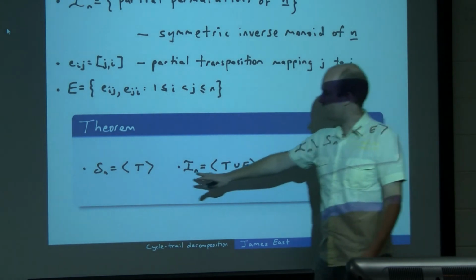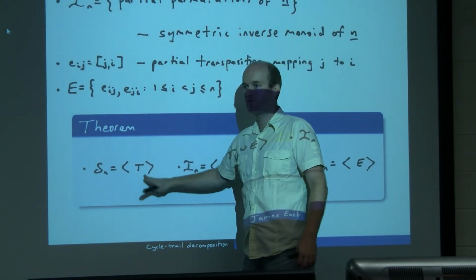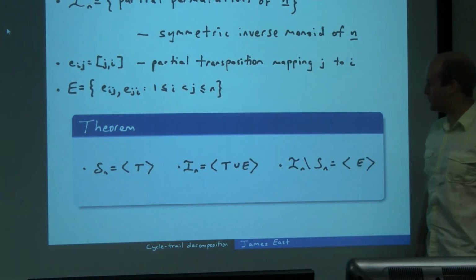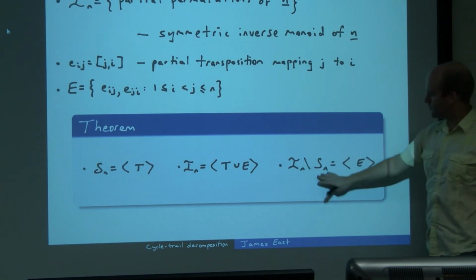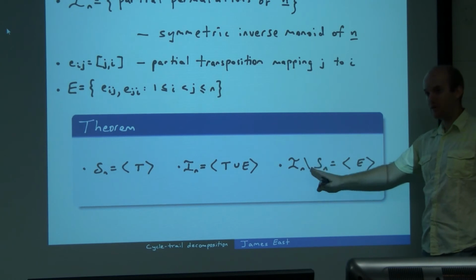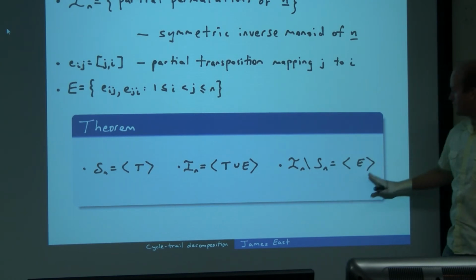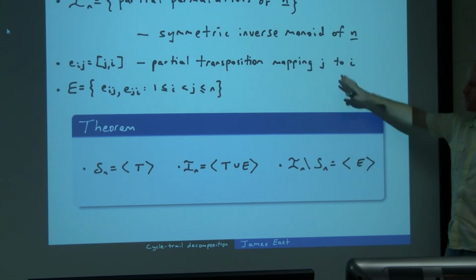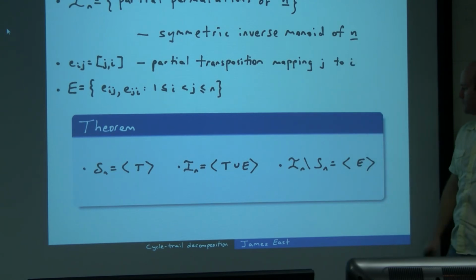So the first point says that the symmetric group is generated by all the transpositions. I hope you believe me from before. The last point says that all the partial permutations that aren't actually total transformations can be written as a product of these two trails. Okay?